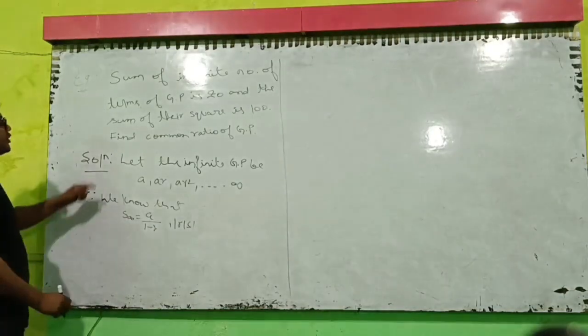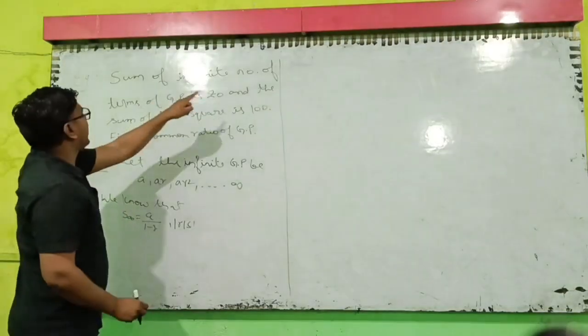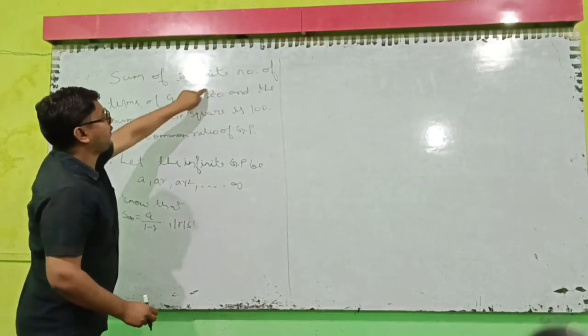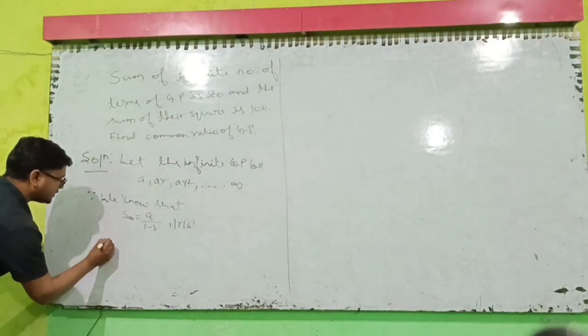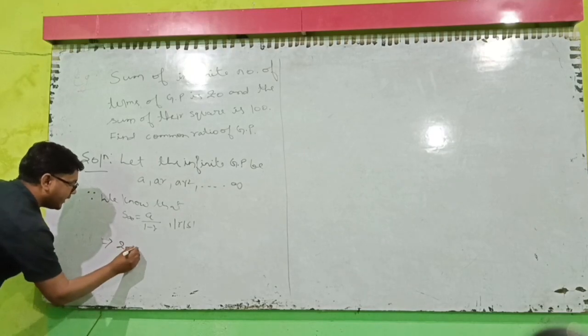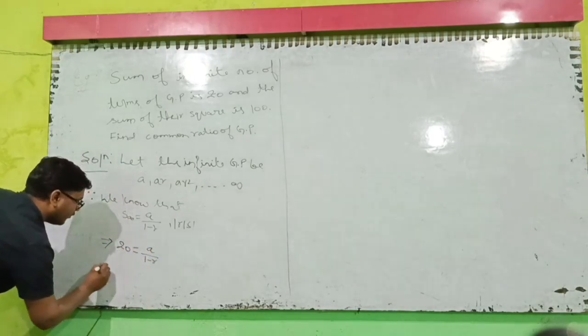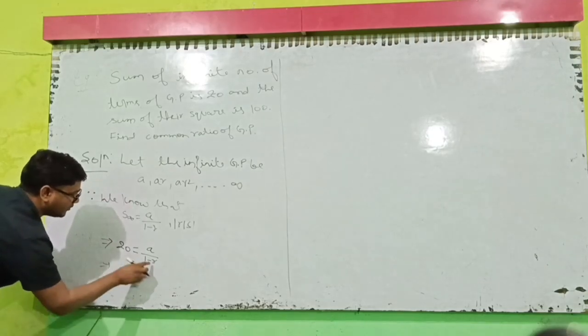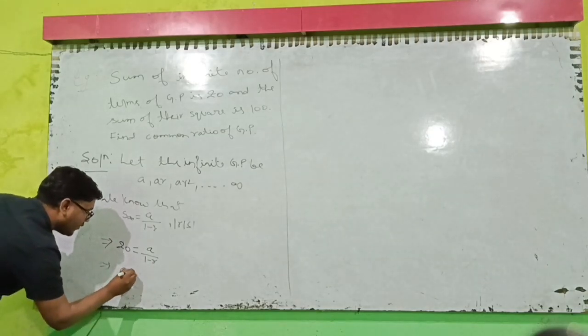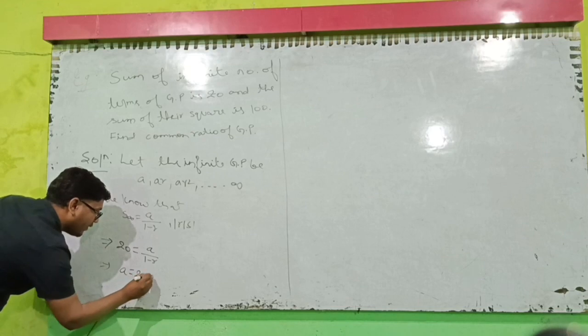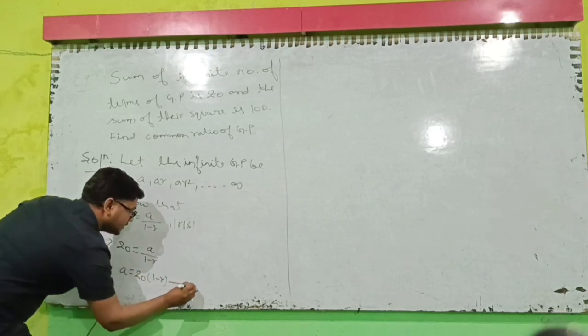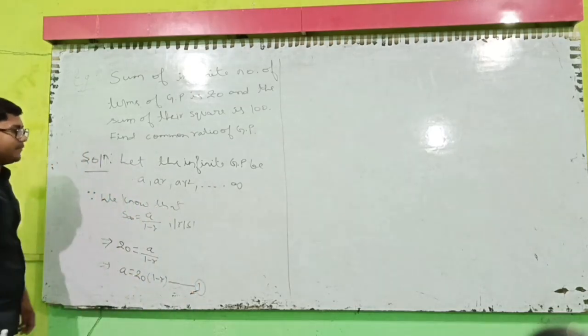So in the question, the sum of infinite number of terms of the GP is 20. So here we use S infinity equals 20 equals a upon 1 minus r. We take cross multiplication of these two. We get a equals 20 times 1 minus r. This is the required equation number 1.